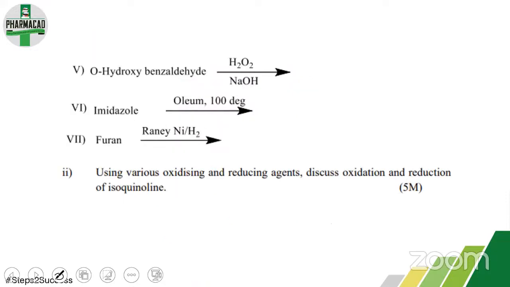They will ask the different chemical reactions as well as the synthesis methods of heterocycles. Okay, so the last question is using various oxidizing and reducing agents, discuss the oxidation and reduction of isoquinoline. So what is isoquinoline?